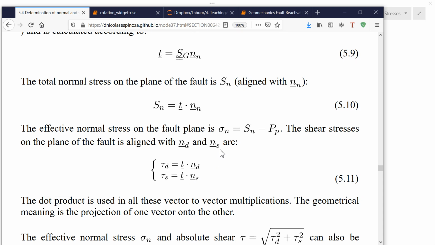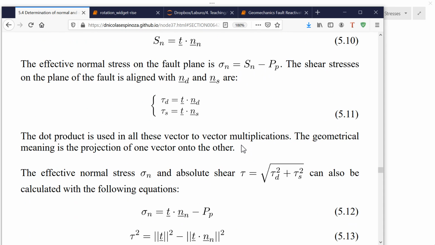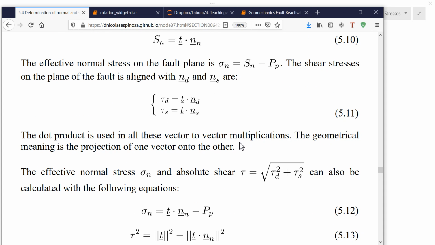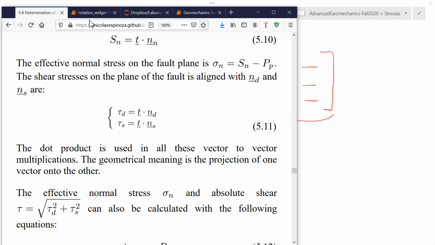One more thing that you could do here is to calculate effective stress, and in order to do that, you just have to subtract the pore pressure from the total normal stress, and that's how you obtain the effective normal stress. And also you could calculate the total value of shear stress, which is the one that we obtained before.